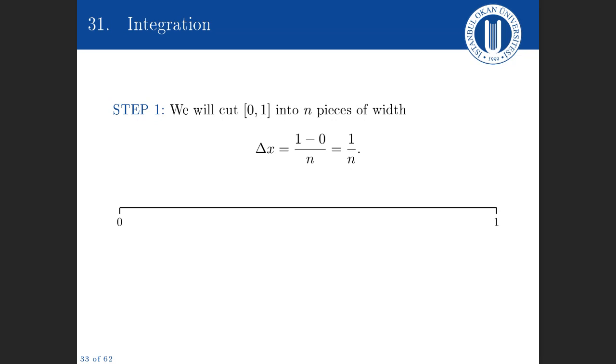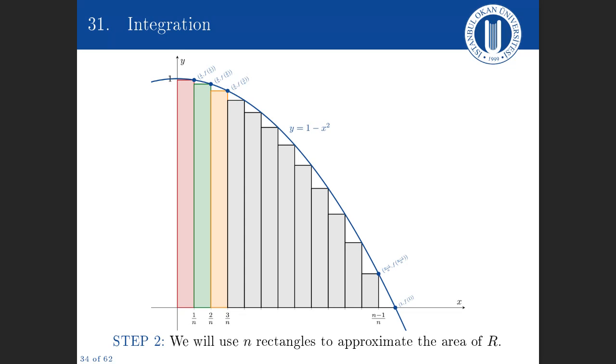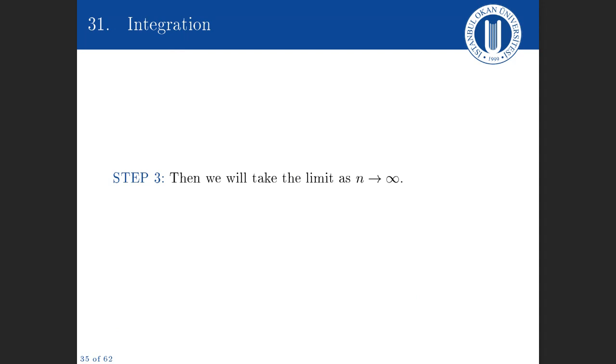We're going to start with the interval from 0 to 1, and cut it into n pieces, and each piece will have width 1 over n. And then on each one of these pieces, we're going to draw a rectangle. We're going to be using n rectangles to approximate the area of R. And then we're going to take the limit as n tends to infinity.